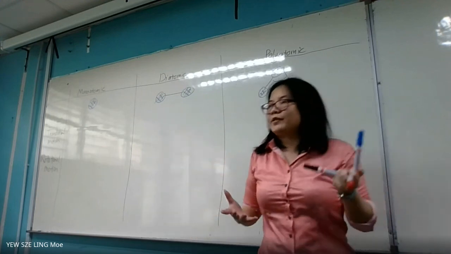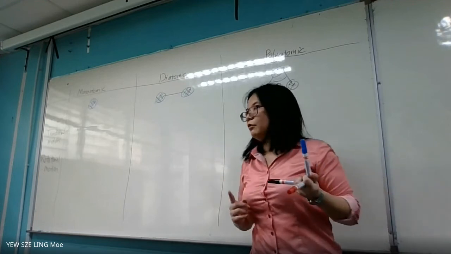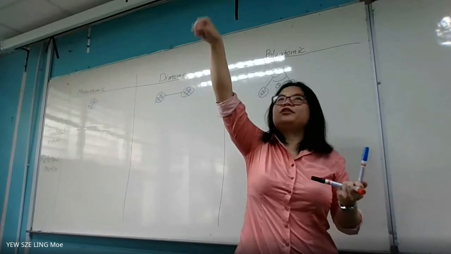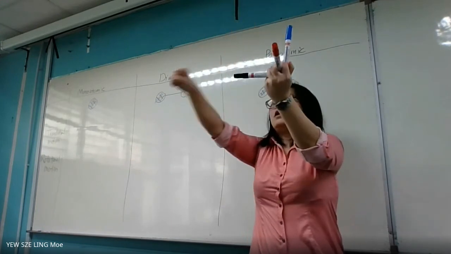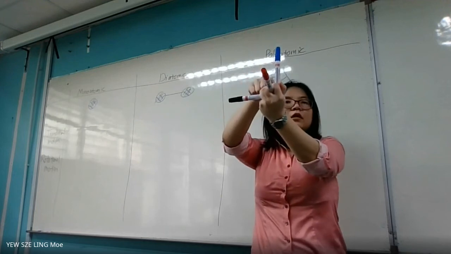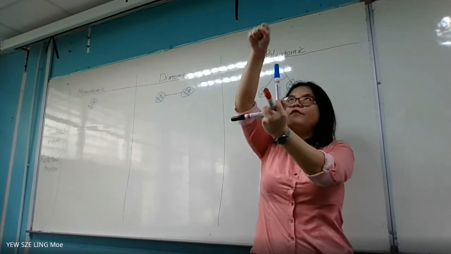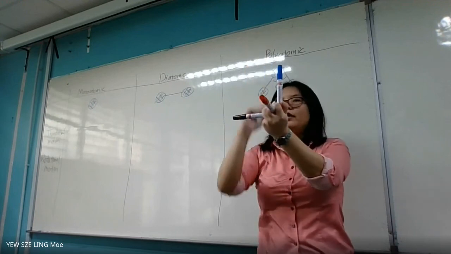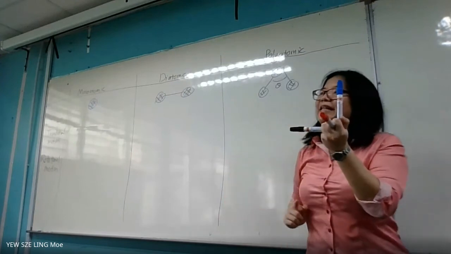When it comes to translational motion, what does it mean? It means linear motion. So let's say this is your monoatomic, just one atom. If it moves along the x-axis, can you see it? Well, yes, you can see it move, obviously. You can see it move along the y-axis, and again along the z-axis.